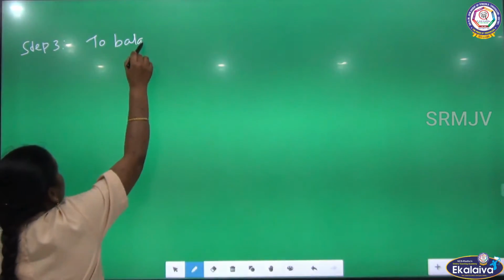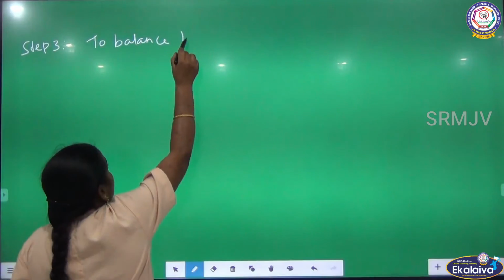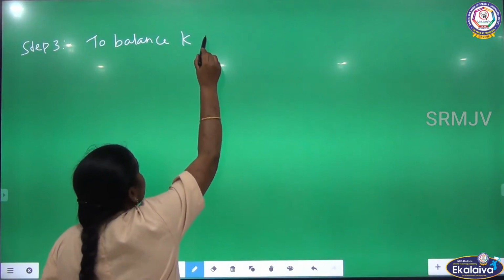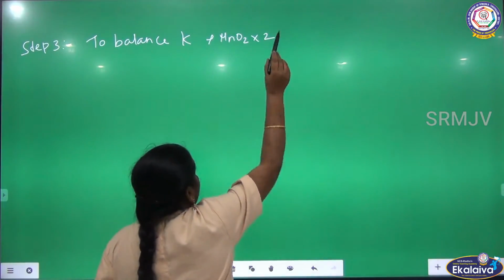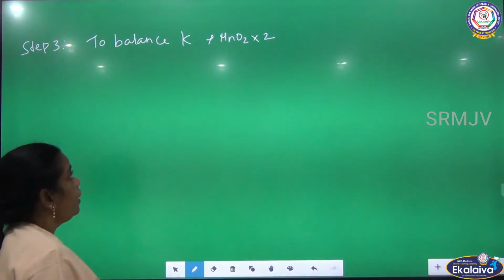To balance potassium, KMnO4 also is multiplied by 2. Understand?